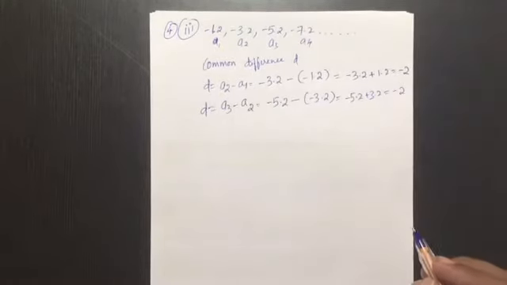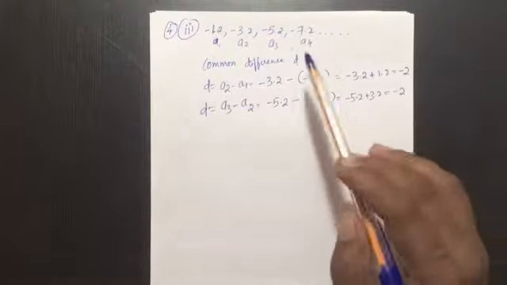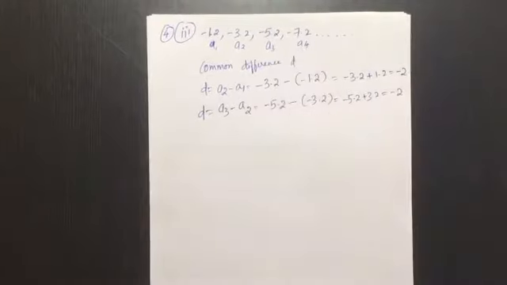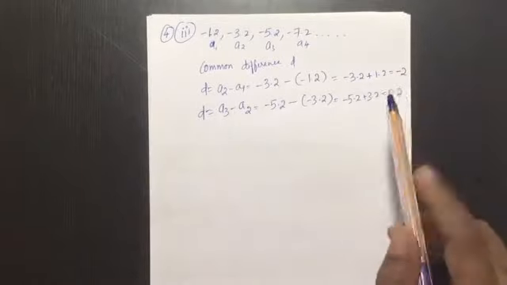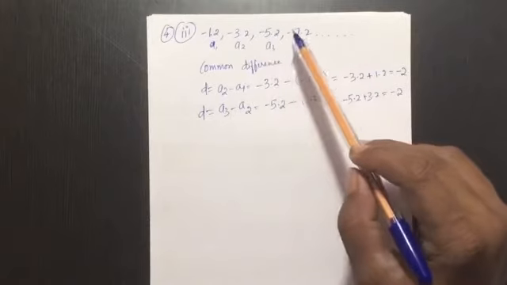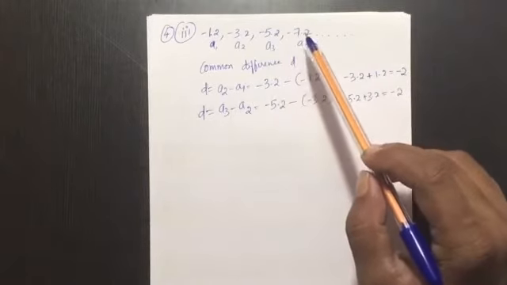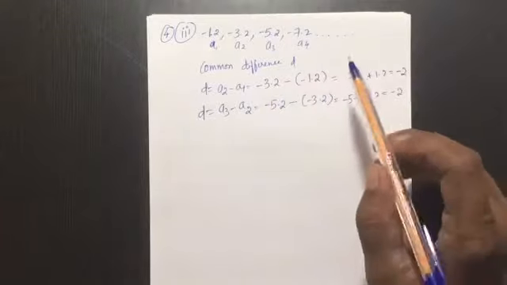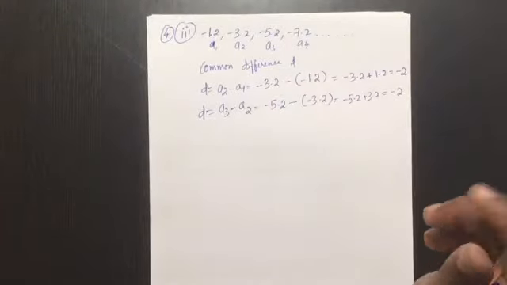So students, it is an AP. Now similarly do for the next one, that is A4 minus A3. You will get the same value, that is minus 2, if you simplify using the formula.